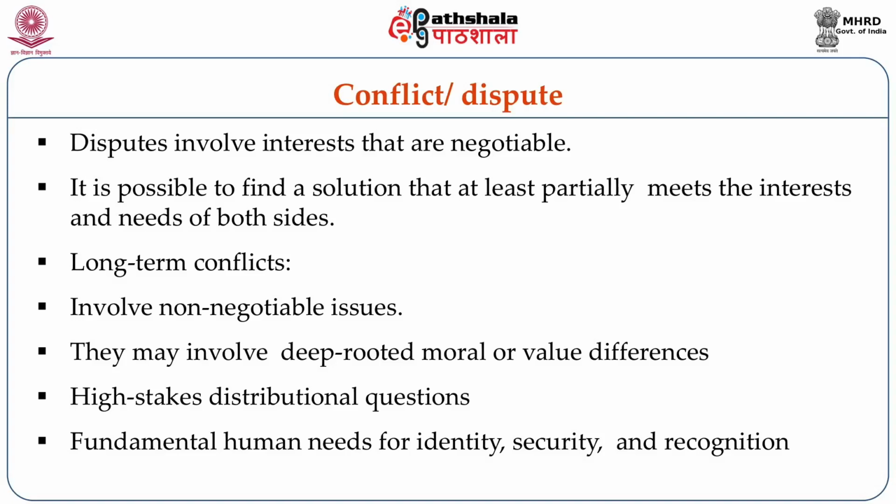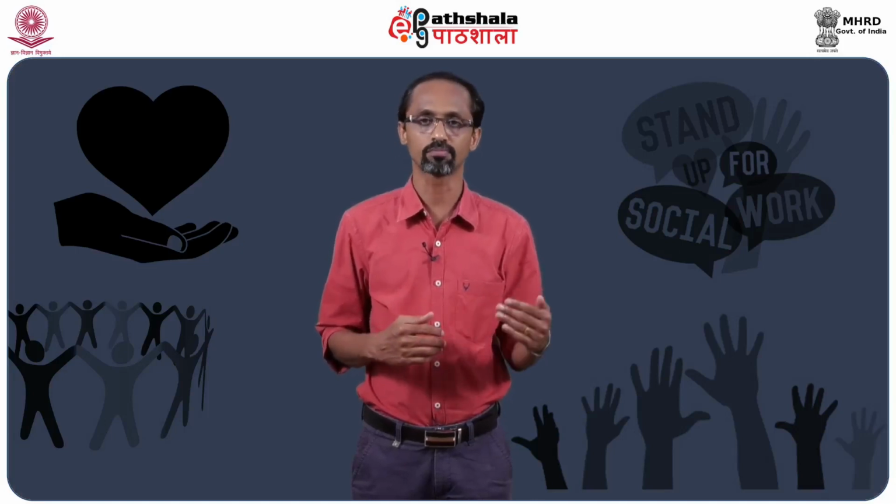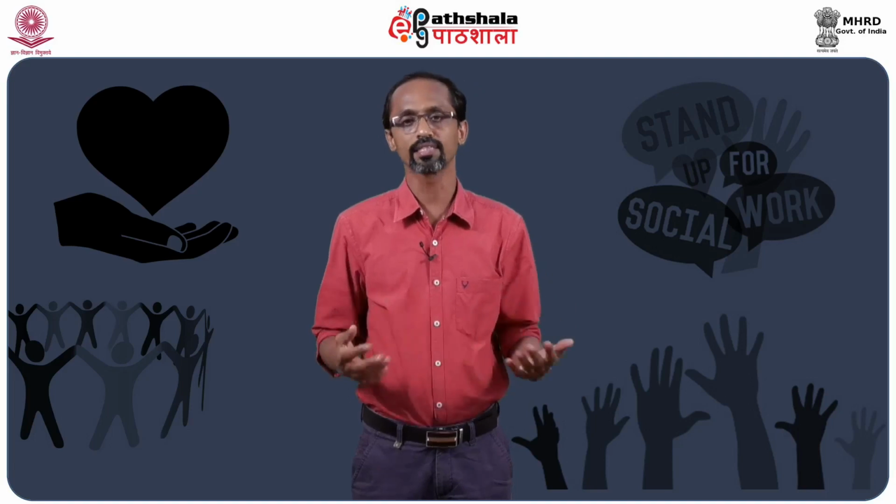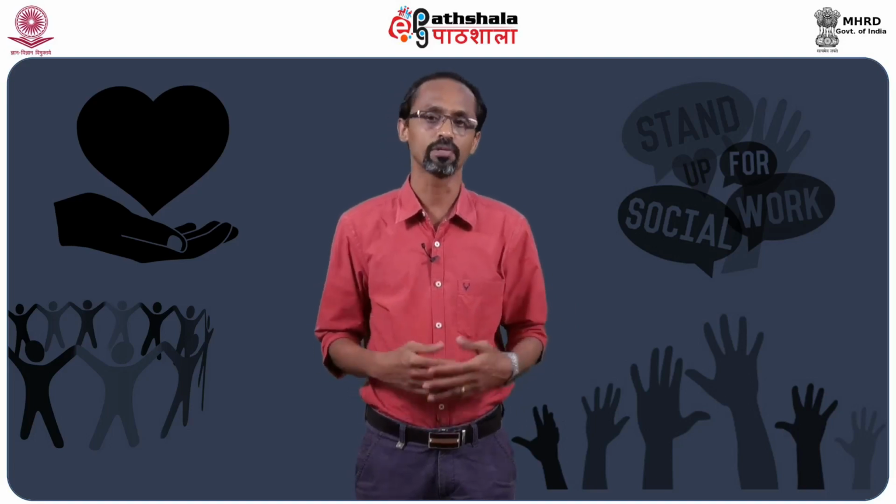they involve some non-negotiable interests. Let's take the example of Maoism. There are certain probably non-negotiable aspects of this from the point of view of the state. Violence in any form and killing people cannot be tolerated.